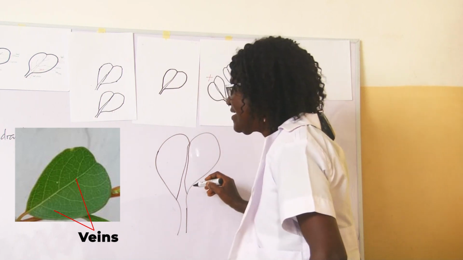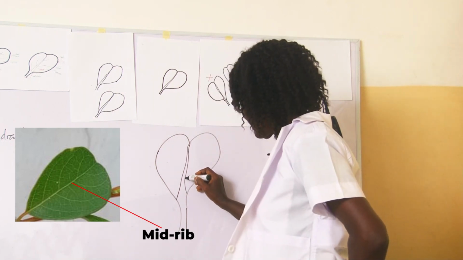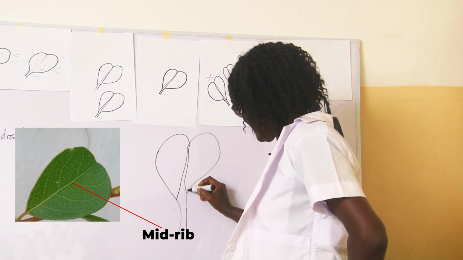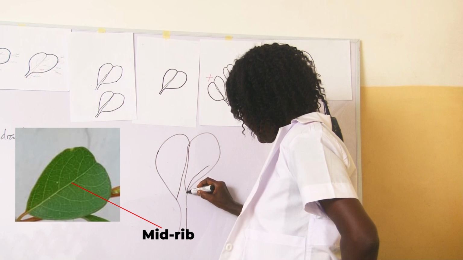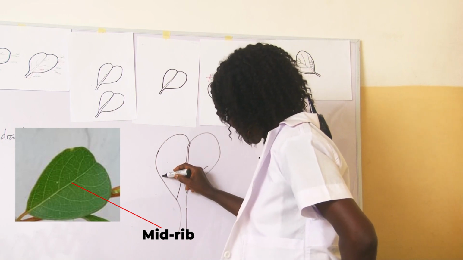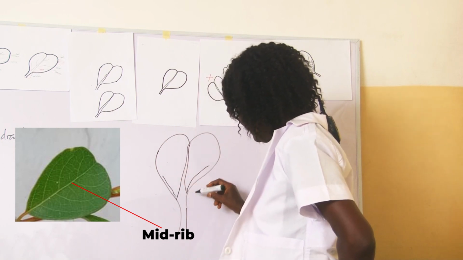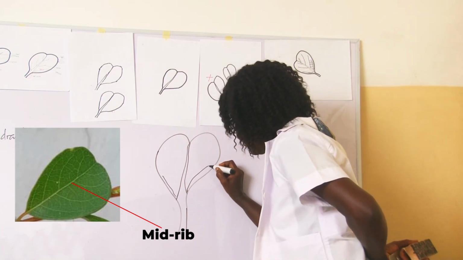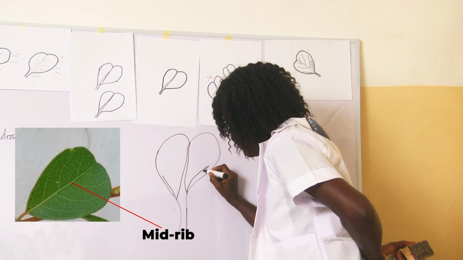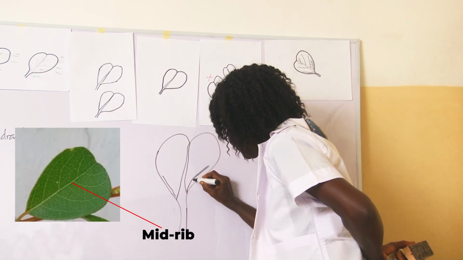You see this is the midrib, it's thick. But you see the tiny veins, some go like this, some go like this. They are quite pronounced even though they are thin. So you don't use a single line. You give it neat double lines.